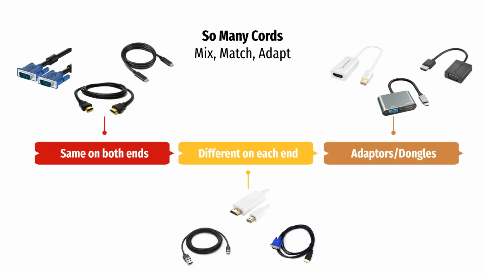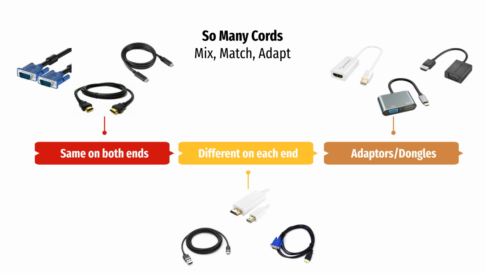And then cords. When we talk about cords, the most important part is thinking about how cords are named. It's really hard to look up the cord you need if you don't know how cords are named. Cords are generally named based on the connectors on either side of them. Some have the same connectors on either side.